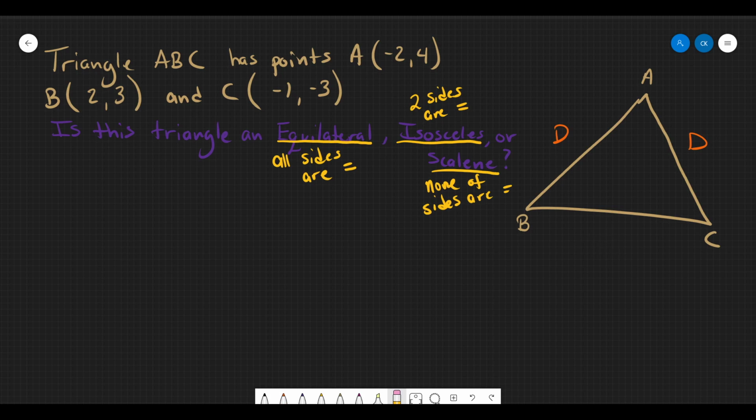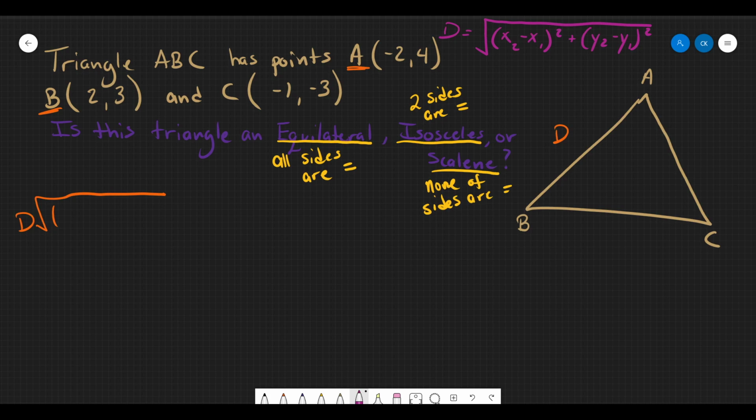Okay, so let's start by finding the distance of side AB. If I want to find the distance of side AB, I'm going to use the points A and B. Now, if we remember the distance formula, I'll put that up here. The distance formula is the square root of x2 minus x1 squared plus y2 minus y1 squared.